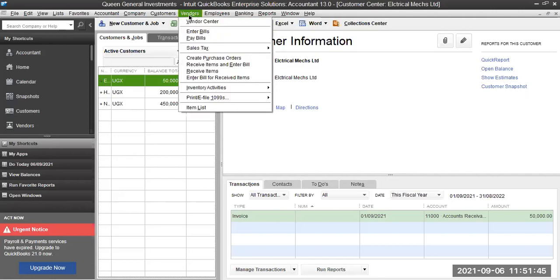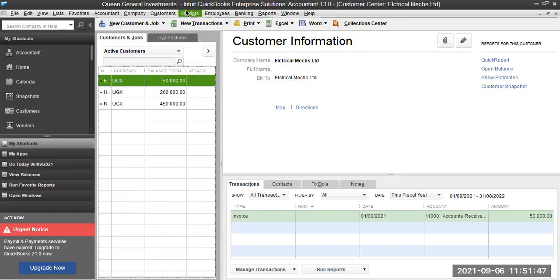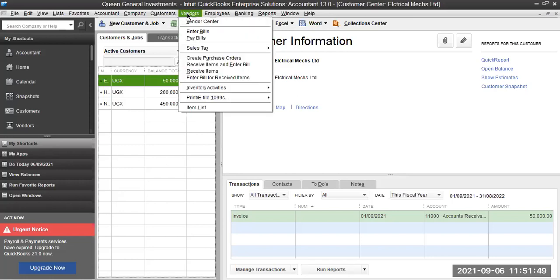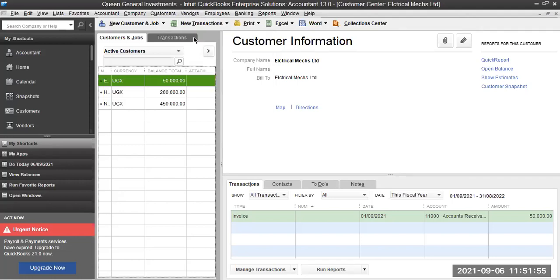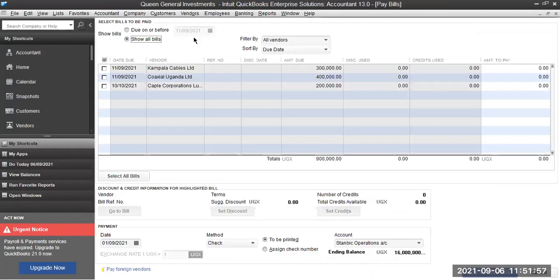Don't go to vendor center. Just click on vendor from the main menu, then say pay bills. When you click there, here are the bills that we are paying.